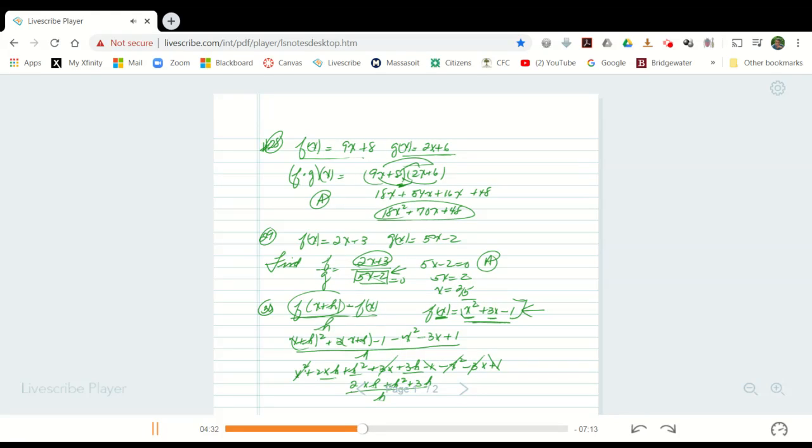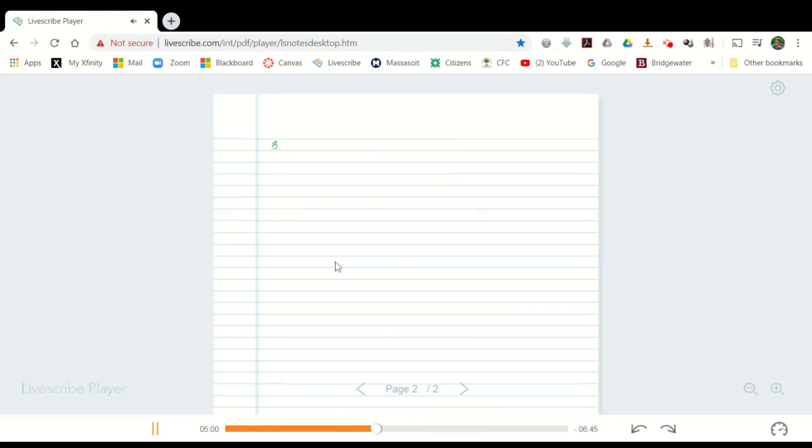This is all divided by h. Now, what invariably happens in all these problems, there's always going to be an h factor in the numerator. So if I factor out an h and divide by h, these two guys cancel out, and there we go. It's a lot of work, but no big deal. 2x plus h plus 3. And that looks like it is answer B.